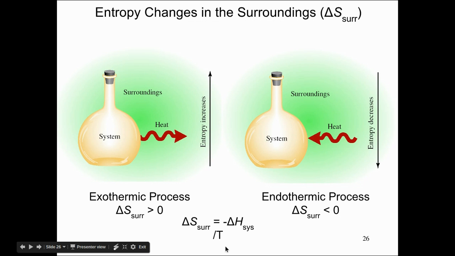It's going to be less positive if the temperature of the surroundings is higher, this is delta H of system divided by T. The formatting was a little messed up, but you're going to see less change if the temperature is already high of the surroundings. So this is a way to quantify the change in entropy of surroundings, a very important equation.